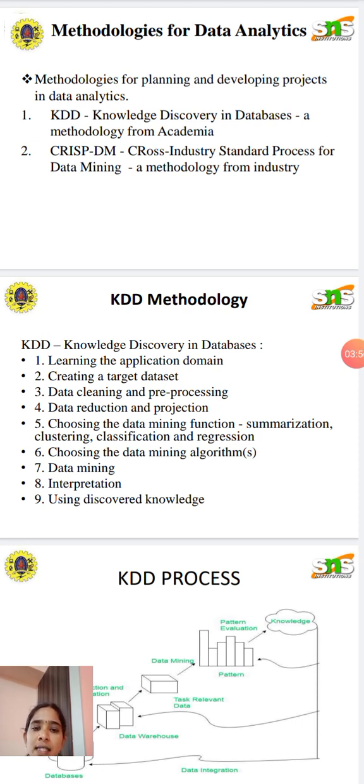Then fifth one is choosing the data mining function. In this phase, the right data mining process can be chosen, be it classification, regression, or grouping according to the objectives that have been set for the process. Sixth one is choosing the data mining algorithm. Subsequently, we proceed to select the technique or algorithm or both to search for the pattern and obtain knowledge.